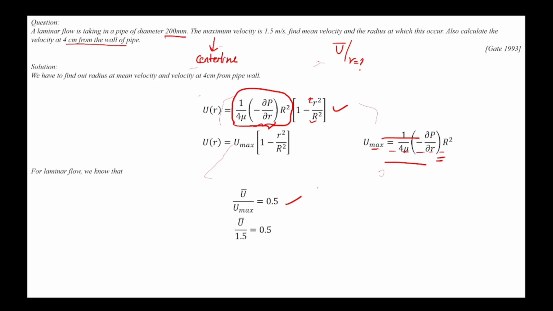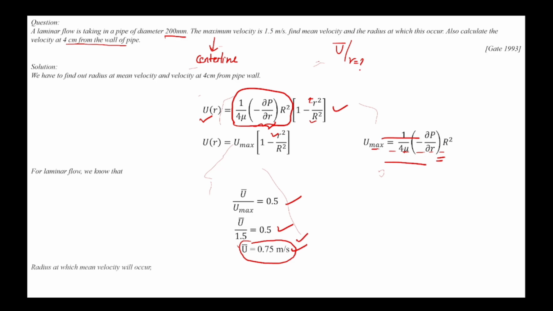So we have Umax, the center line velocity, and U average will be half of this. Now we want to find the radius at which this occurs. If I put this value here and calculate this r, then this will be the radius at which this velocity will occur.